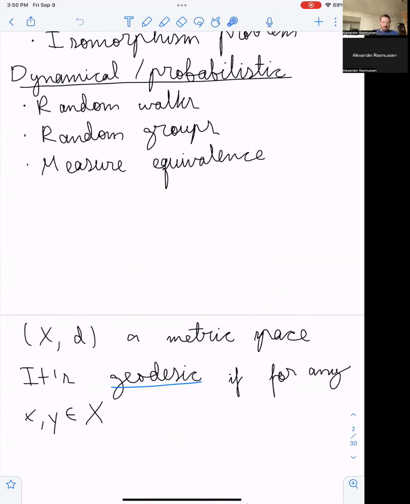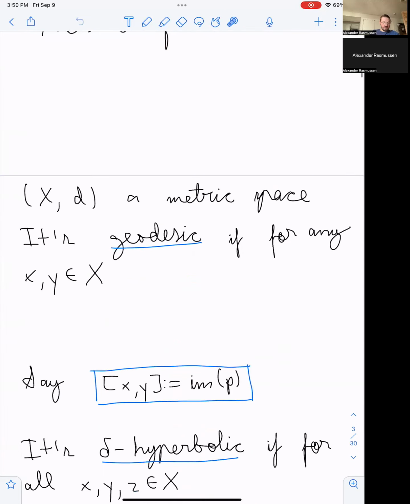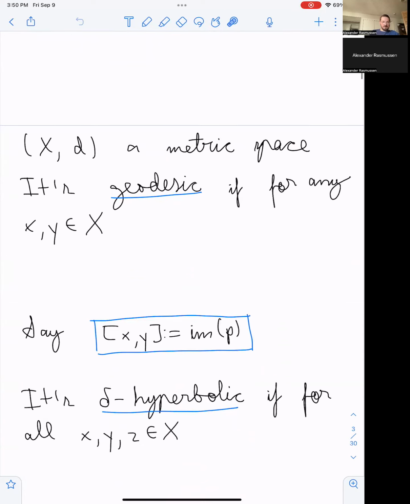Okay, so before we get into all that, let's just start simple by defining hyperbolic metric spaces. So first of all, these are going to be geodesic metric spaces. So what is a geodesic metric space? A geodesic metric space is one in which you have geodesics joining any pair of points.